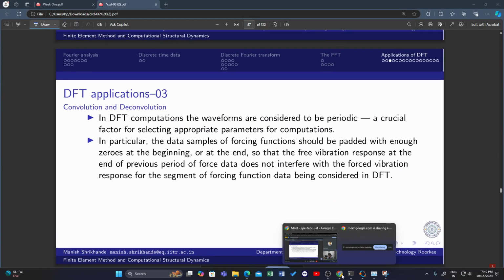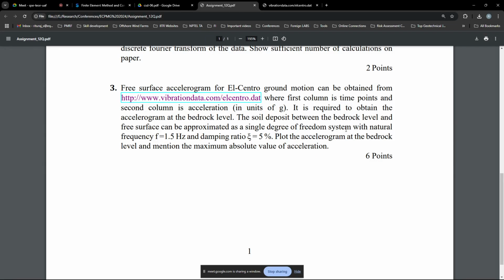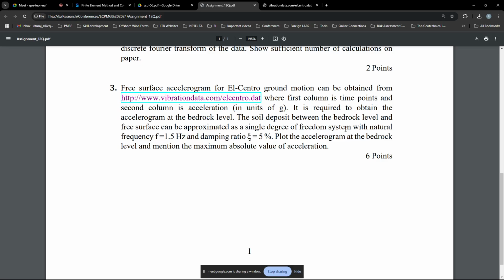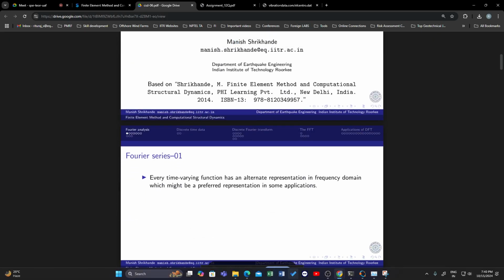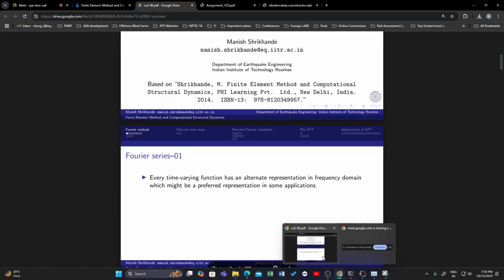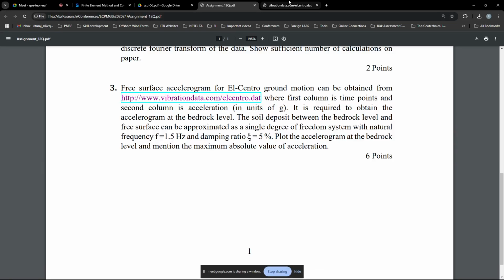In the question, the data which has been given to you, is there any analytical relation available which can give you the free surface response? Let me check in the slides.